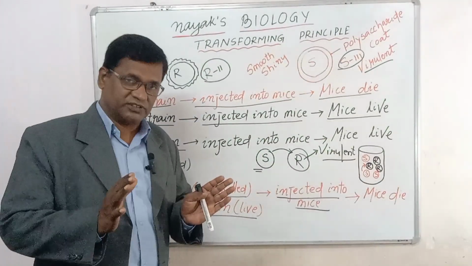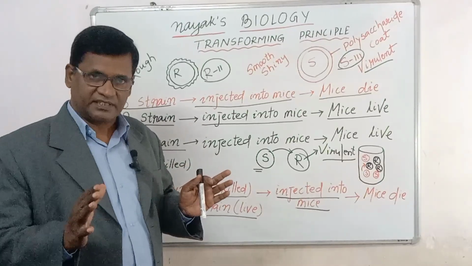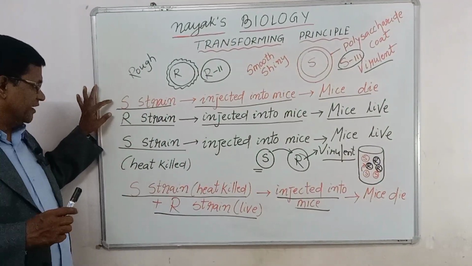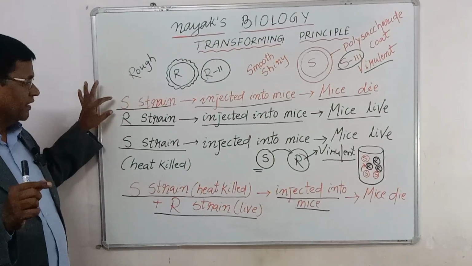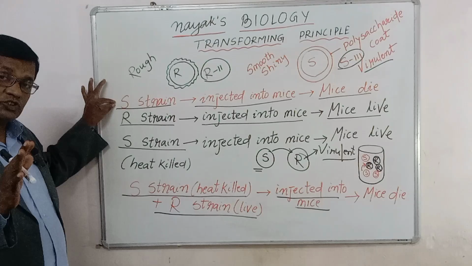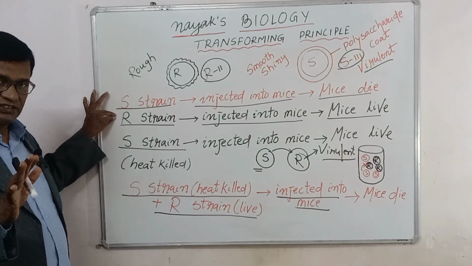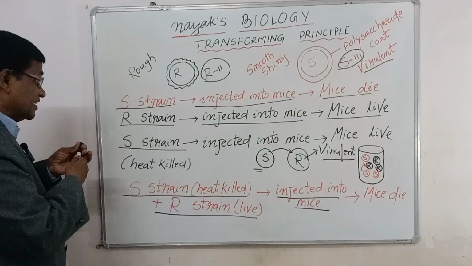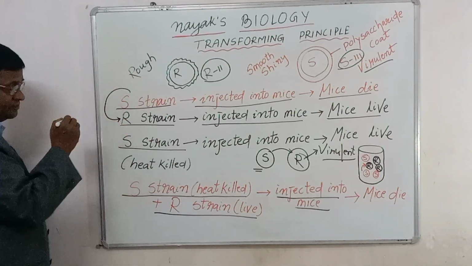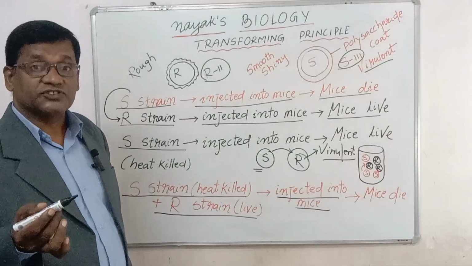What do you understand about this? So what is the conclusion of this experiment? The conclusion is that if there is a bacteria which is able to cause the disease and another which is unable to cause the disease, and we kill the bacteria which is causing the disease and mix it with the R strain which is not causing the disease, the genetic material present in the S strain comes to the R strain, and this R strain is able to behave as an S strain.